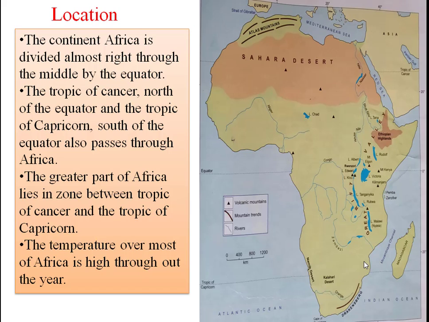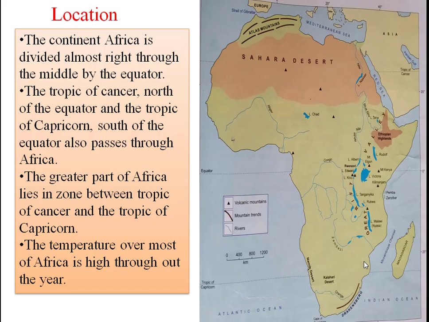Location: the continent Africa is divided almost right through the middle by the equator. The Tropic of Cancer north of the equator and the Tropic of Capricorn south of the equator also pass through Africa.